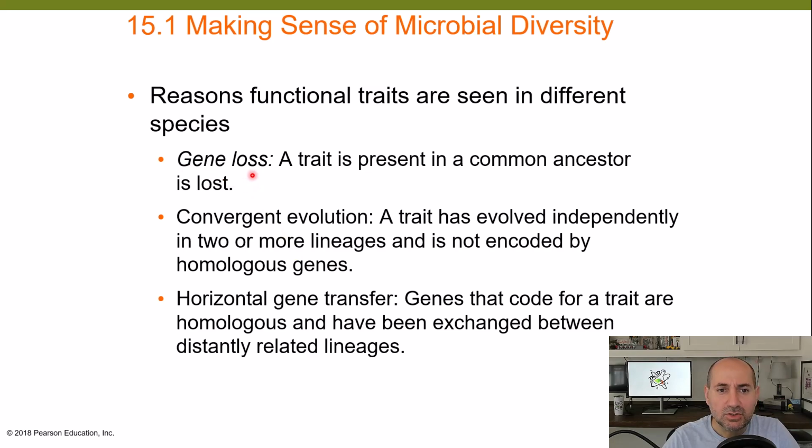Then there's gene loss. A trait can be present in a common ancestor, but was later lost. That ability may have been lost, or that function may have been lost. And certain groups of microorganisms can acquire functions by horizontal gene transfer. Remember, we talked about a form of horizontal gene transfer called conjugation, which occurs with the sex pilus.